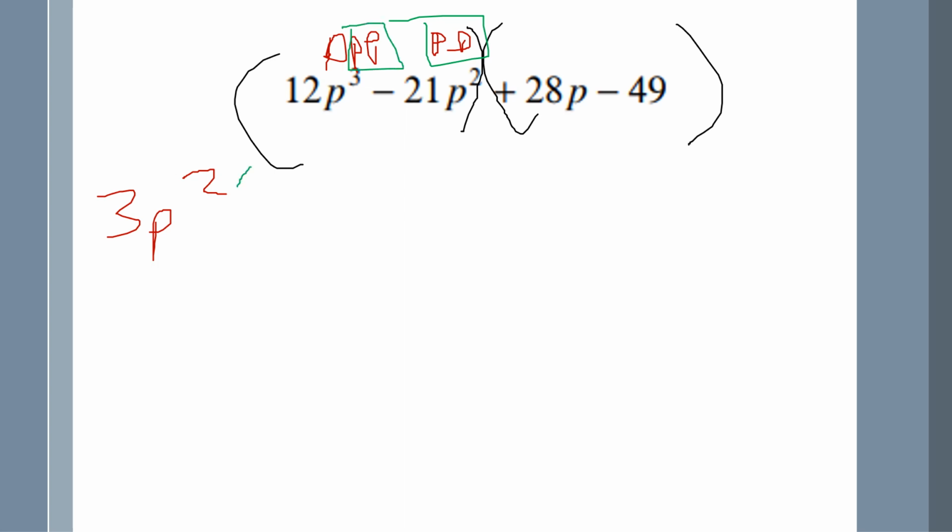And so when I took off 2 of that p's in particular, that's going to be left with 4p minus 7.